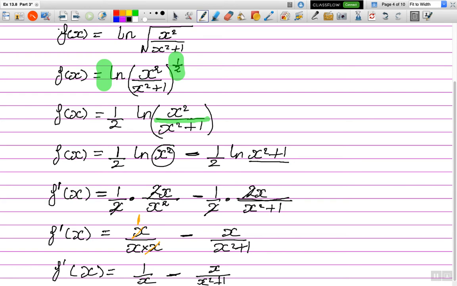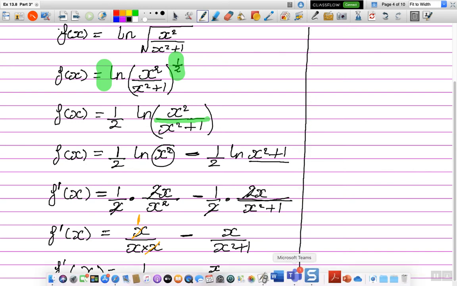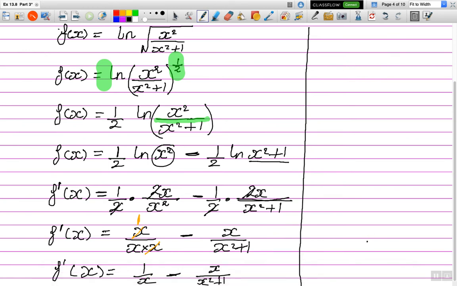Now, the question actually asks us to write it in a particular form. So we're going to go right back to the top of the page and continue. f dashed x is equal to 1 over x minus x over x squared plus 1.